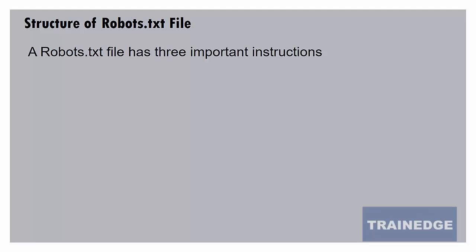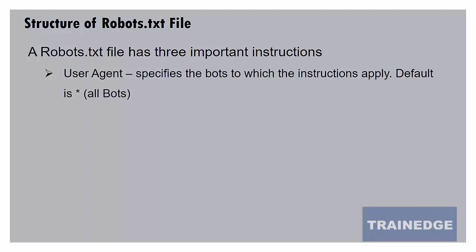Let us look at the structure of a robots.txt file. Robots file has three important instructions. The first one is user agent. User agent specifies the search bots or bots which need to follow the instructions that follow this user agent line.